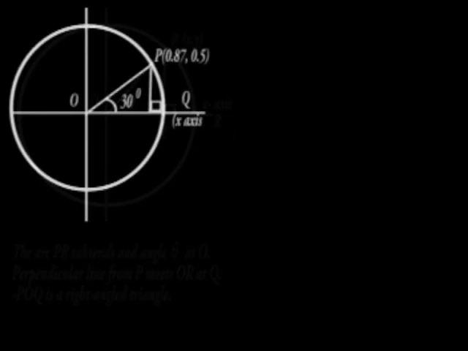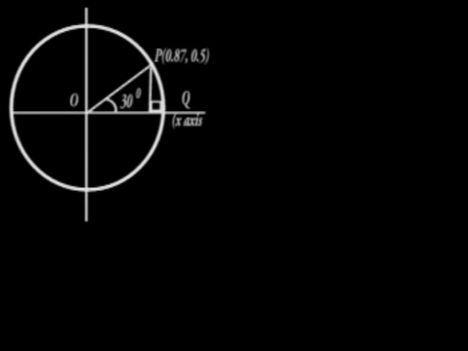Consider the figure below. If an angle of 30 degrees is constructed on a unit circle, the coordinates of P will always be 0.87, 0.5. Let's see the trigonometric ratios of such an angle.